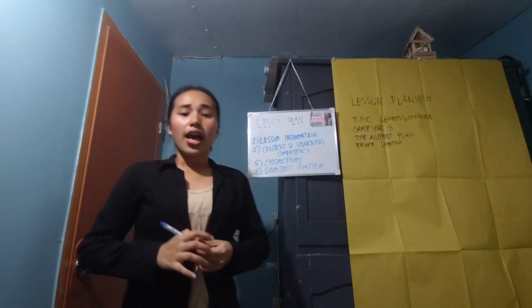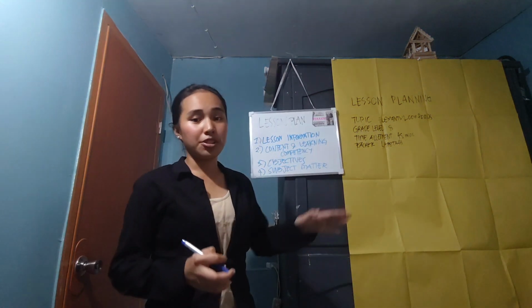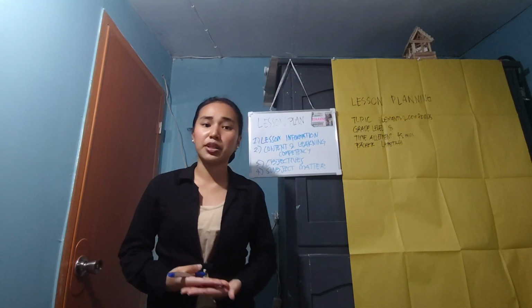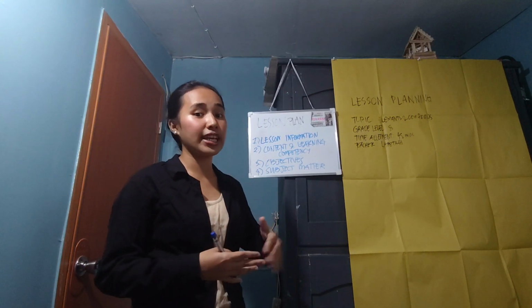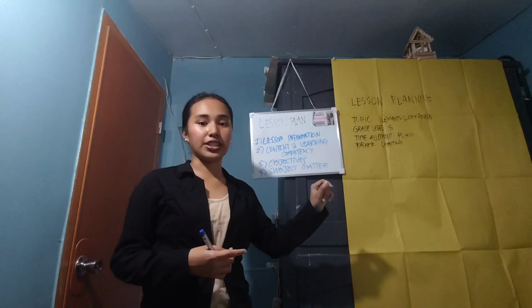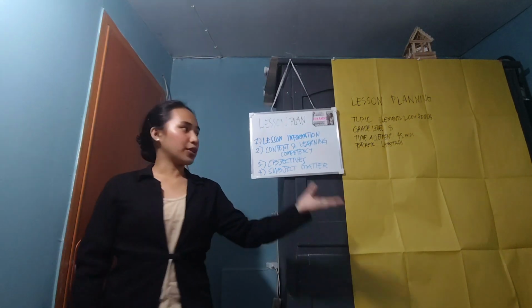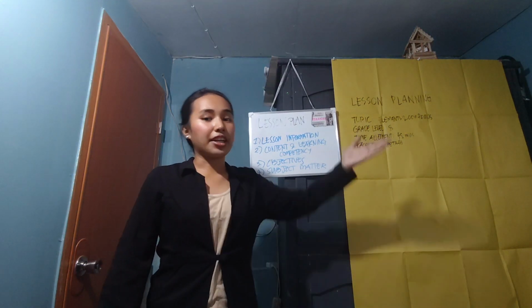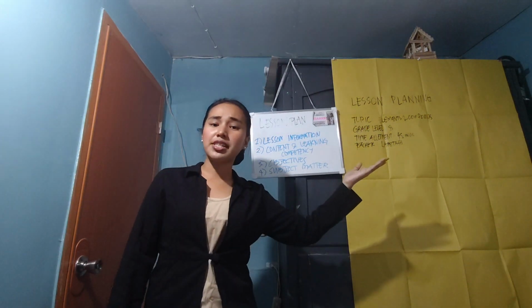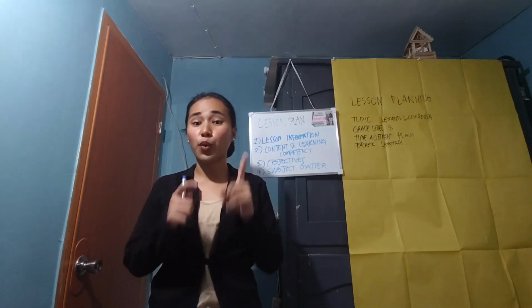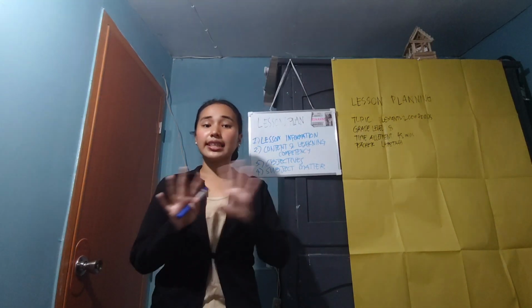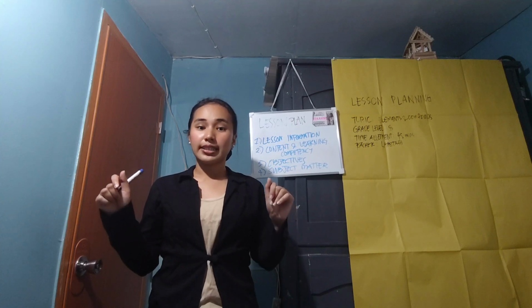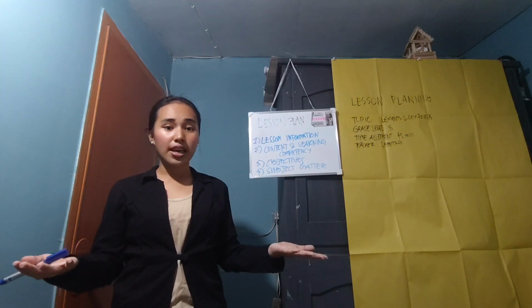In this part of the lesson plan, the teacher prepares the main concepts that will be discussed during the lesson. For example, in our lesson plan on elements and compounds, an element is a pure substance made only of one type of atom, and it cannot be broken down into a simpler substance by chemical means.